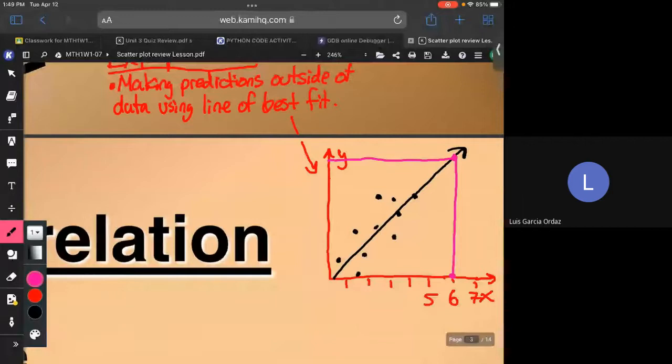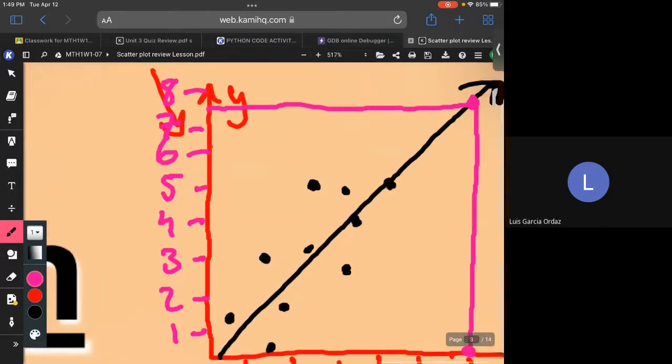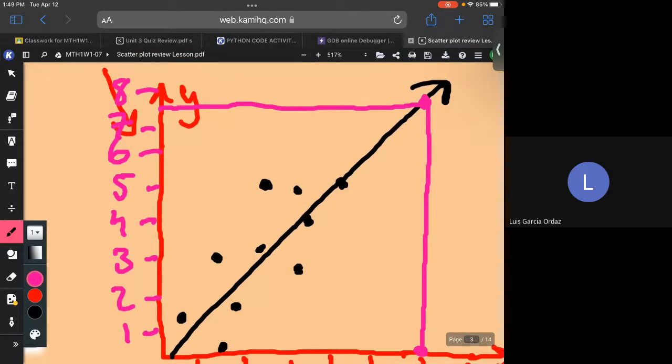So let me just go up by ones. Roughly, what is my point that is outside of that graph? So this is 7, that's 8.